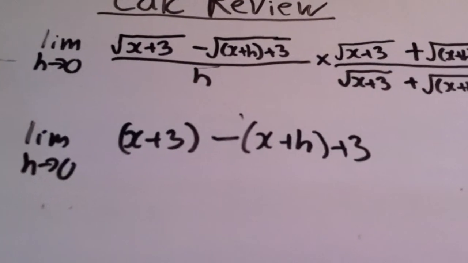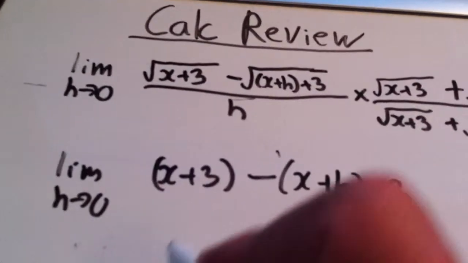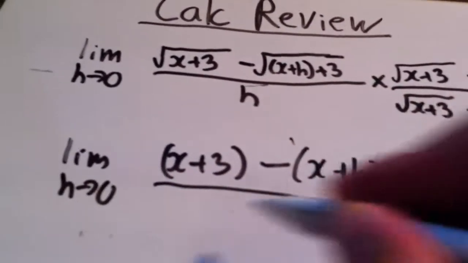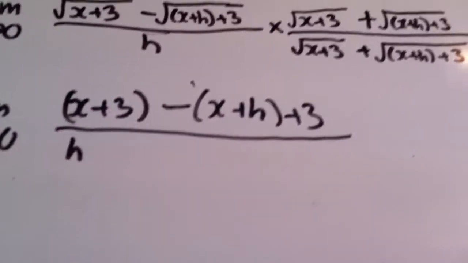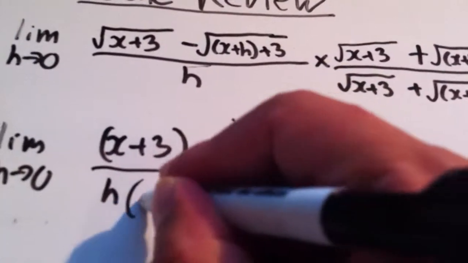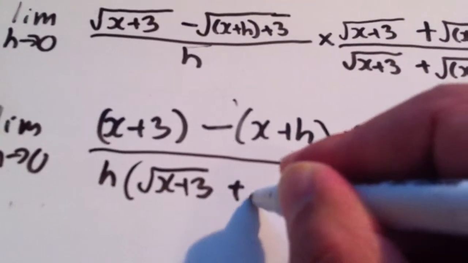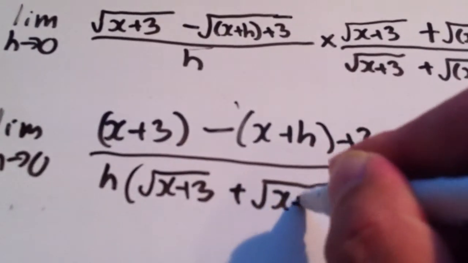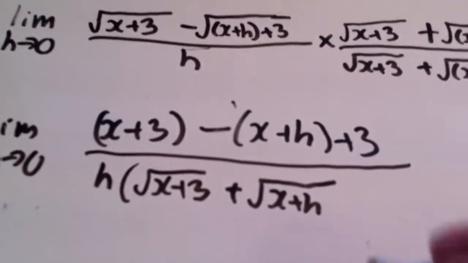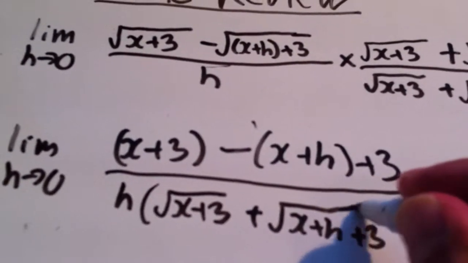Okay, and then on the bottom we have h being multiplied by bracket root of x plus 3 plus root of x plus h plus 3.